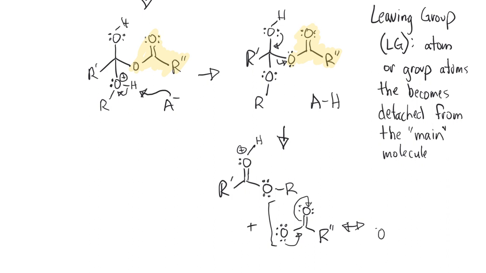So now we have our negative charge right here, where before the negative was over here. That stability, that ability to distribute the negative charge throughout the structure, makes that structure stable and therefore a good leaving group.